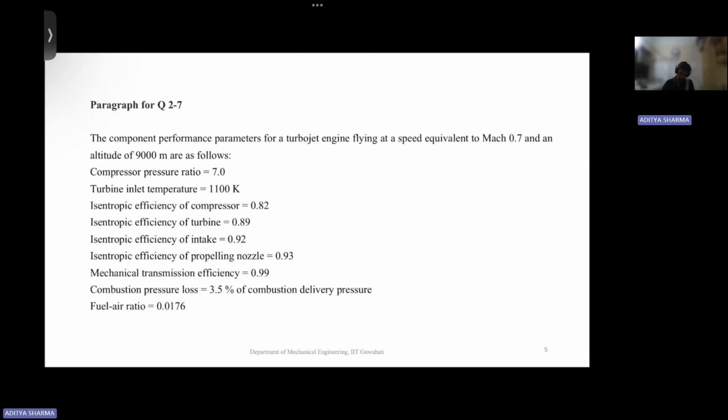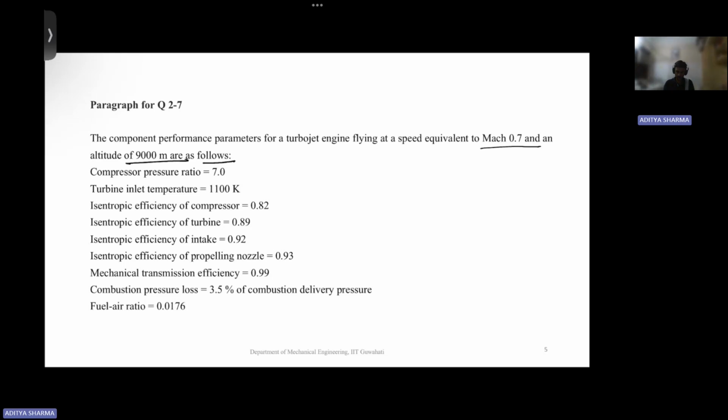So the paragraph goes like this: the component performance parameters for a turbojet engine flying at a speed equivalent to Mach 0.7 and an altitude of 9,000 meters are as follows.